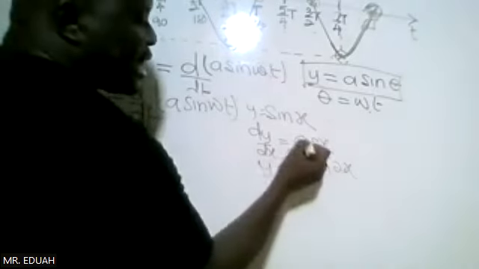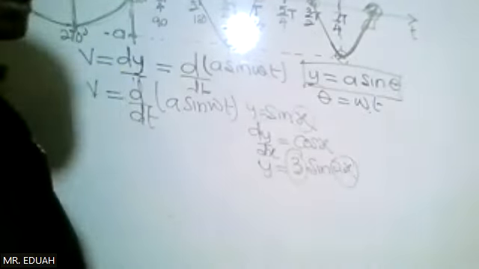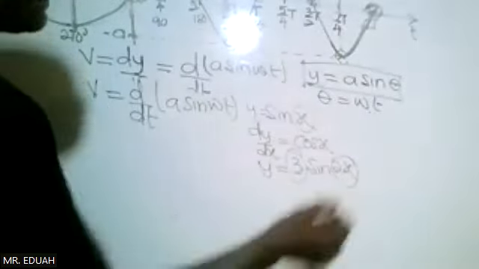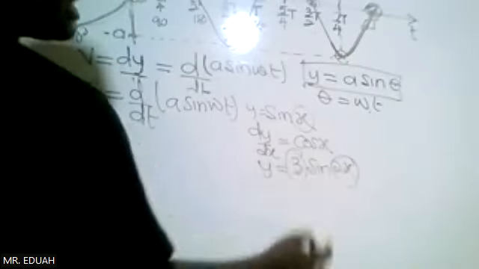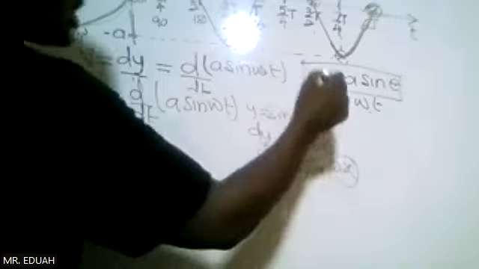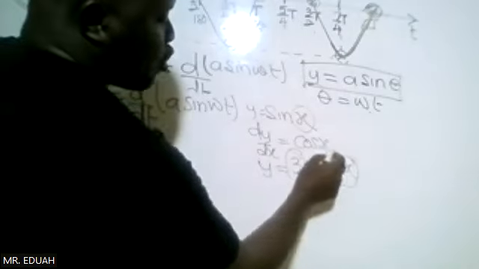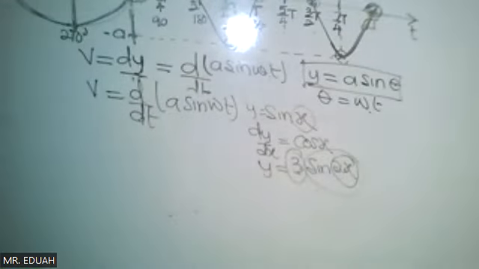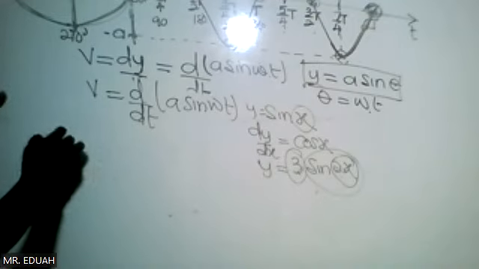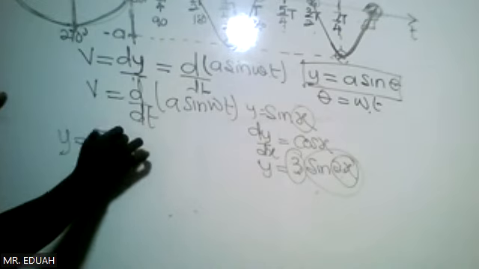But you see, we had only x, but over here we have 2x, meaning we have one function, 2x, in another function, sine. So we call this a function of a function. If you have a function of a function, you differentiate the function first, the daughter function, then you differentiate the whole mother, which is sine 2x. So it's a rule. I know you haven't done it, but we need to apply it in physics.